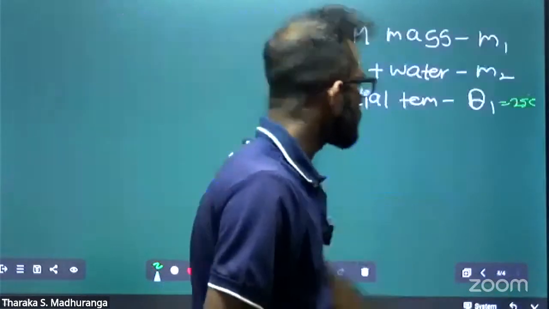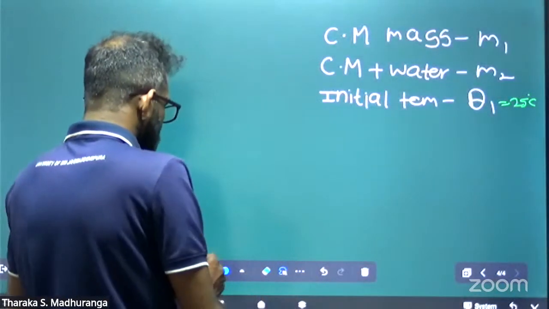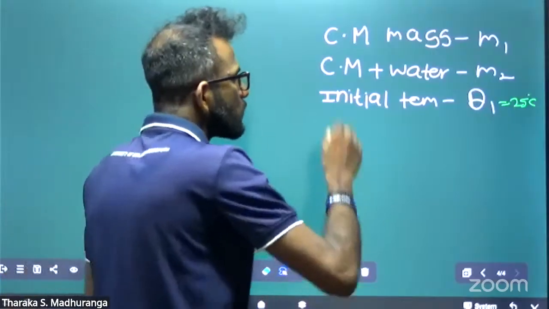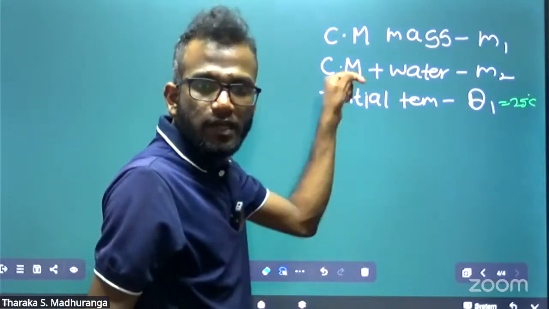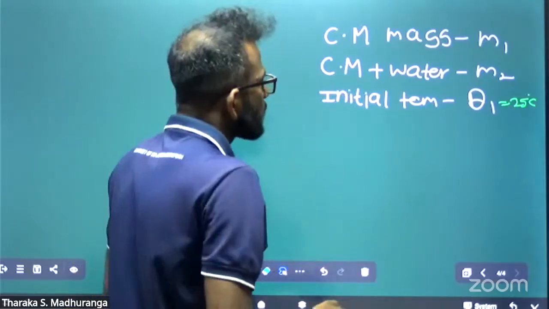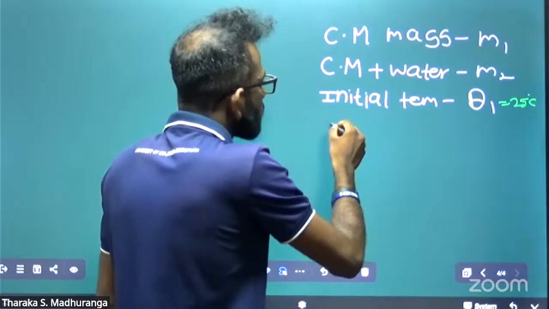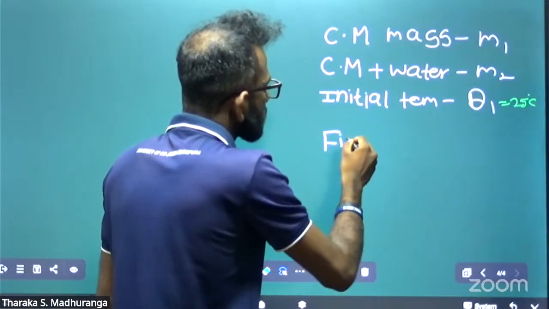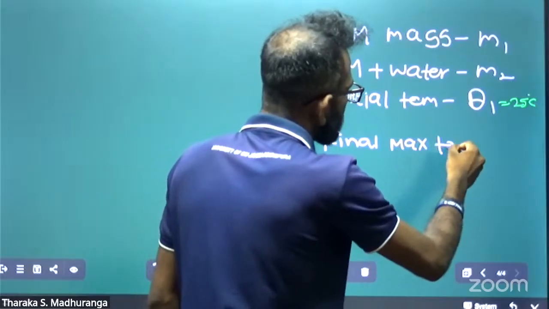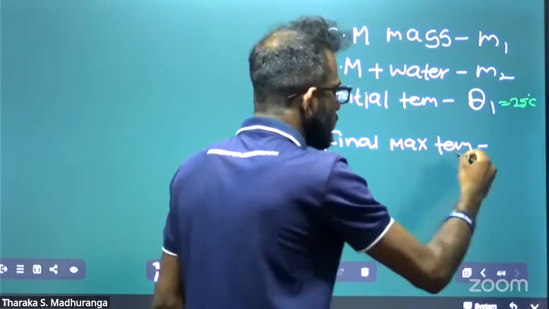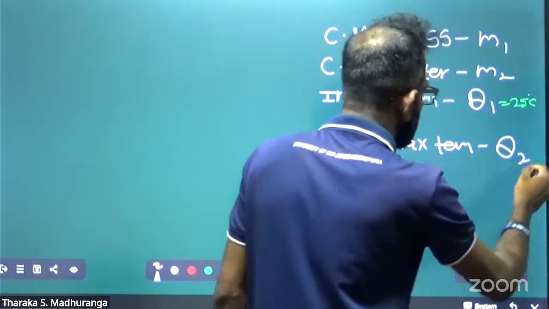Then we can take the final temperature. This one also you need to remember: after providing steam, you need to get the final maximum temperature. These words are very important keywords: final maximum temperature, theta 2.